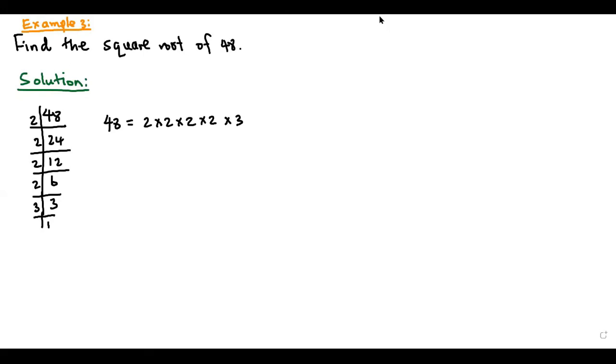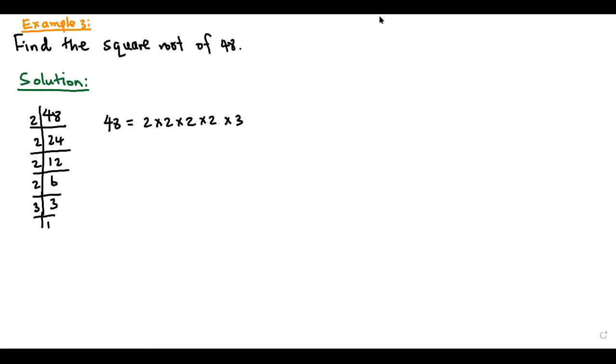If we make this 2, 2, and these 2, there is no way we can make these two groups equal, because let's say that we have these 2 and 2, then this side you have 2, 2, and 3. If you have 2, 2, 2, then you have 2 and 3. So it's not easy to make two equal groups because of this 3.